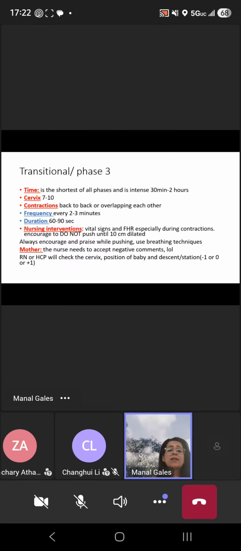It could take 60 to 90 seconds. Cervix reaches up to 10. Now she's very, very anxious, and we need to accept negative comments. She will not be like the most beautiful one, like in the first phase. She will be nervous, in pain, anxious.